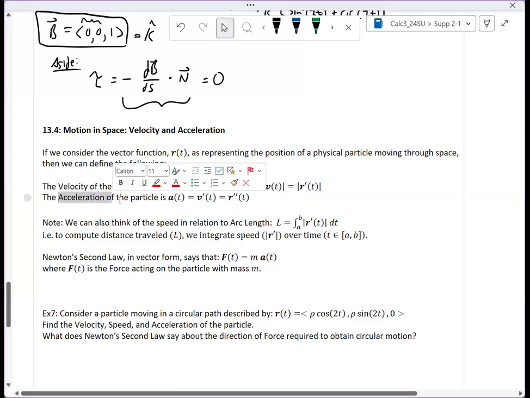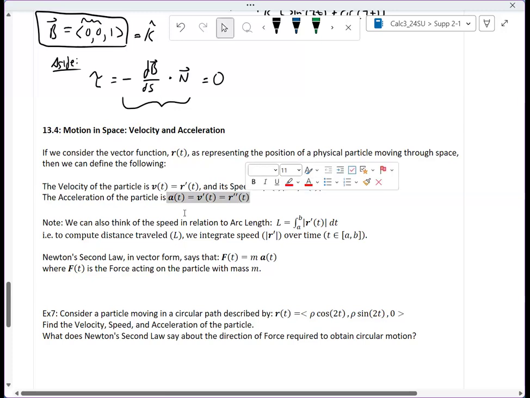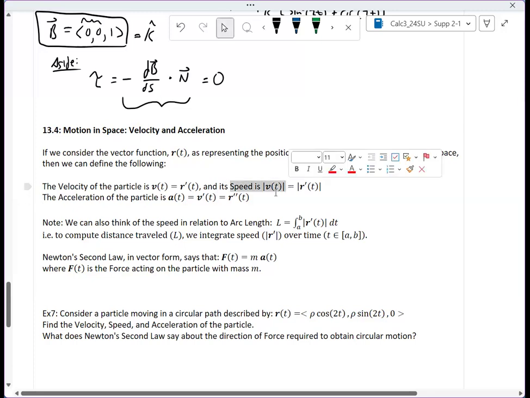And the acceleration of the particle is, again, the time rate of change of velocity, or the second time derivative of position. Familiar definitions from Calc 1, but they do apply in a very similar way in Calc 3 here. The main differences being that velocity and acceleration are vector quantities here, and speed is the length of the velocity vector.